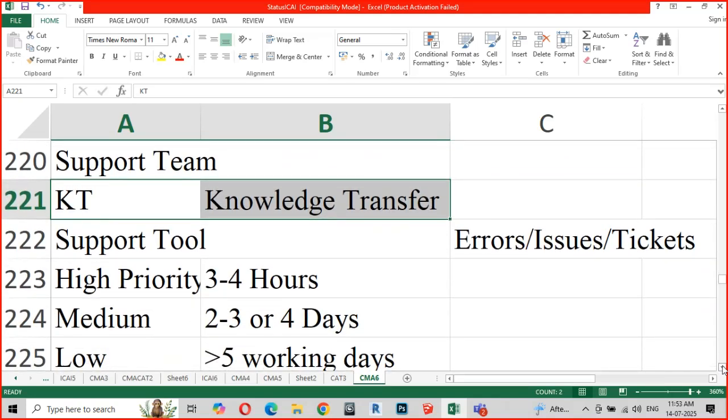Now, after implementing SAP, probably the users will start getting some errors. While carrying out their regular day-to-day activities, the users, the employees, may encounter some errors or issues. We call these issues or errors tickets.